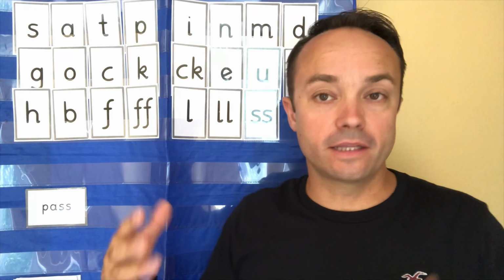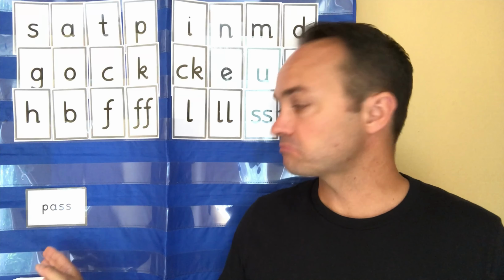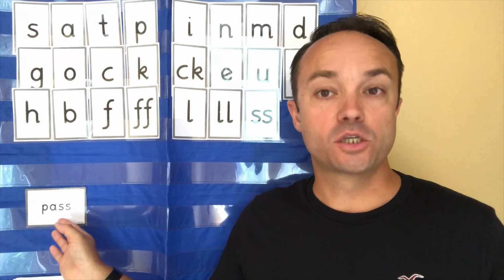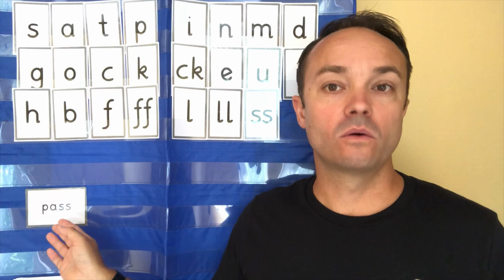Now this is an opportunity for me to talk to you about accents, regional accents. I'm from the south of England and I read this word as pass. I read the word bath as bath. But it's also read as pass or bath in some parts of the country.